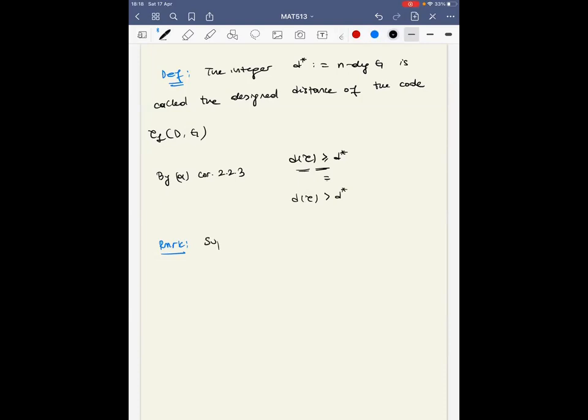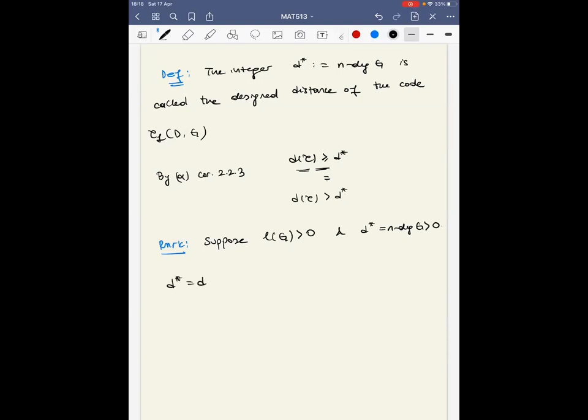So for this purpose, let me suppose that the Riemann space of G is not trivial, so that its dimension is strictly bigger than 0. And d star, n minus degree of G, is also strictly bigger than 0, so that means degree of G is strictly less than n.